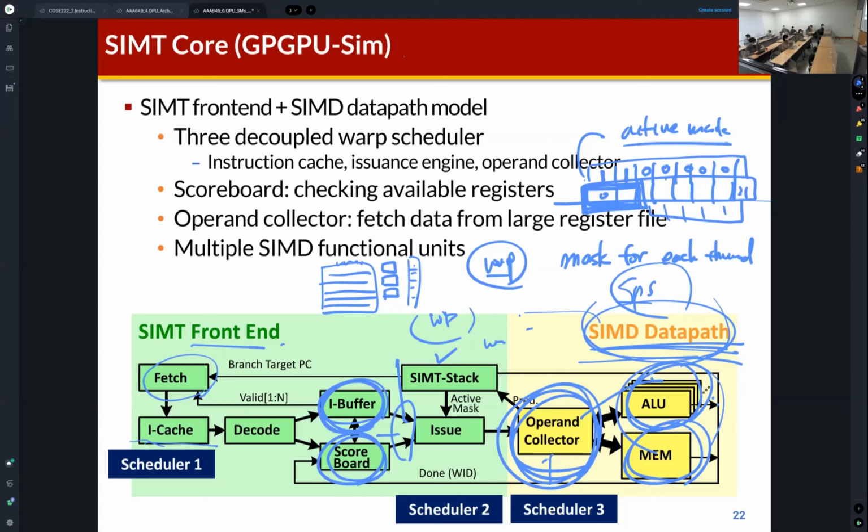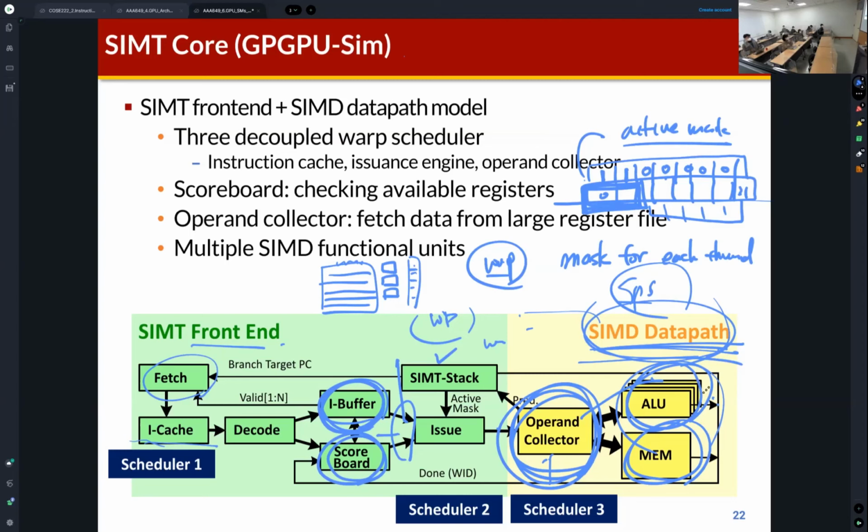But in order to support this SIMT execution, the GPU has the SIMT front end, and I hope everyone can understand the SIMT front end of the GPU streaming multiprocessor.